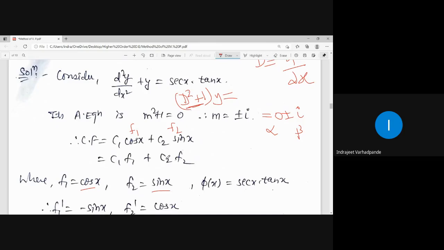Now anybody can raise a question: if I interchange the position of C1 and C2, if I write C2 cos x plus C1 sin x, will that also work? Yes, it will do. Though the values of F1 and F2 will be different, finally the PI that you get, UF1 plus VF2, will always remain the same.